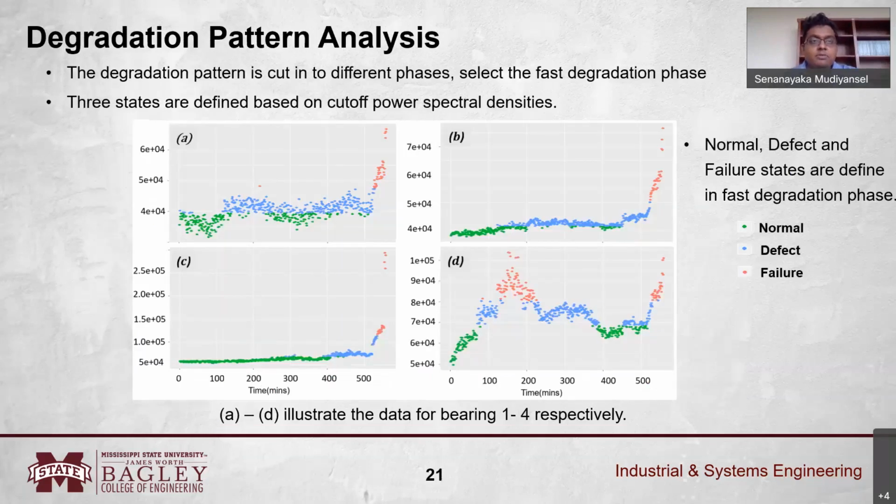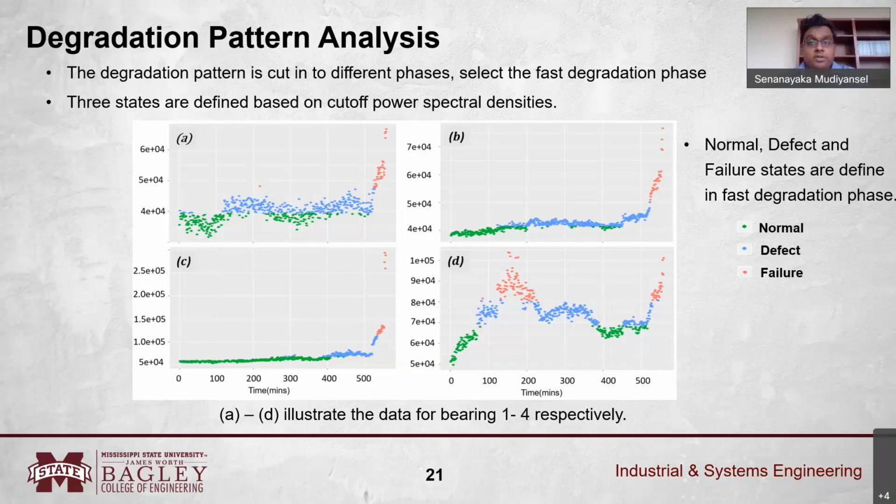Now we are at degradation pattern analysis. For any type of degradation, we can cut it into different phases. In general, we cut it into 2 phases: one is called the normal phase, and the other is called the fast degradation phase.